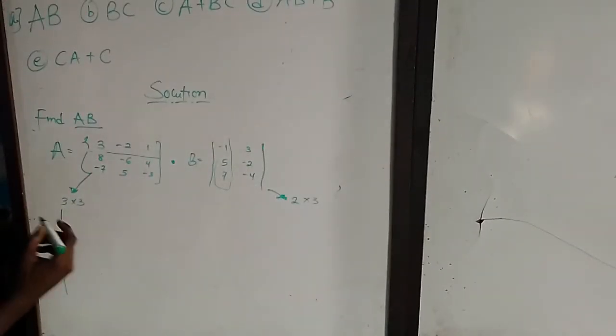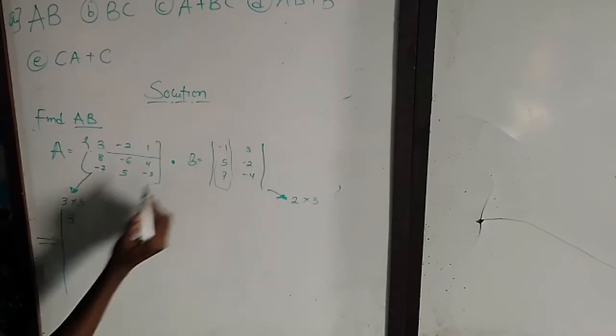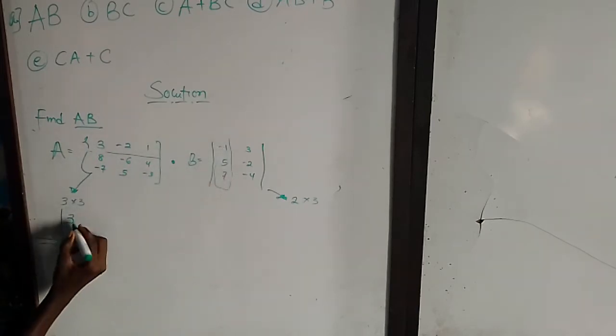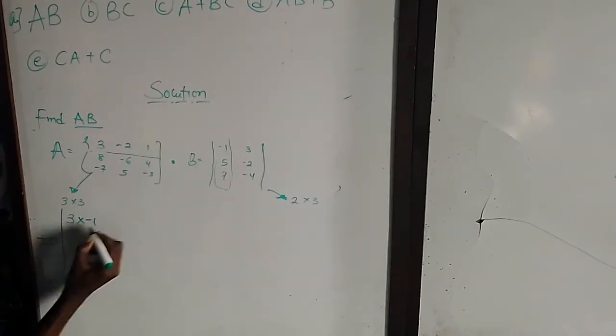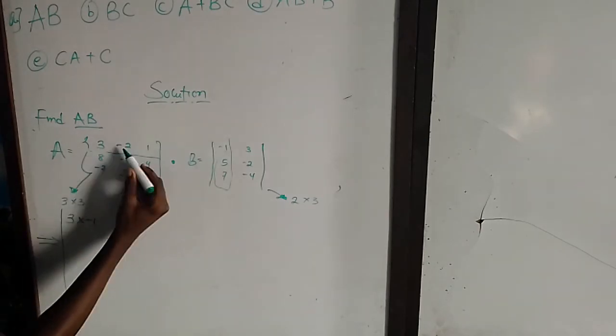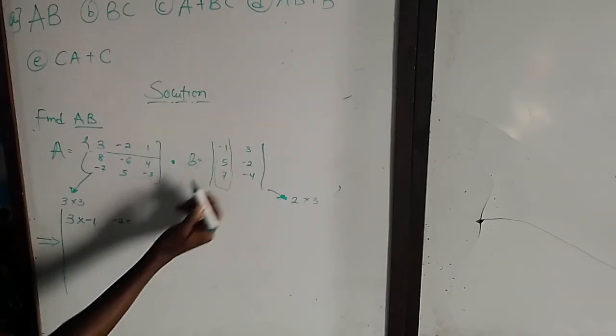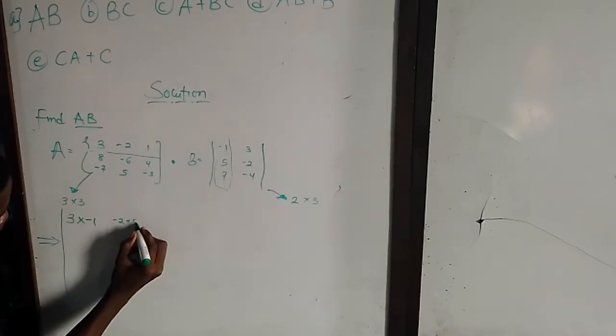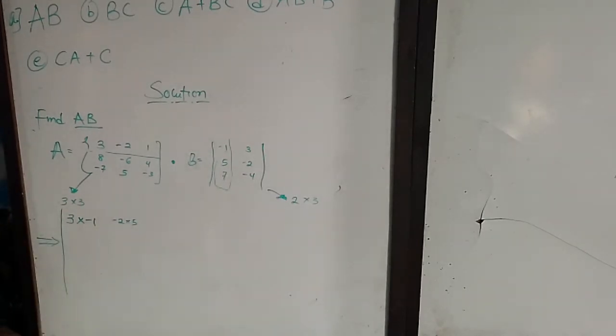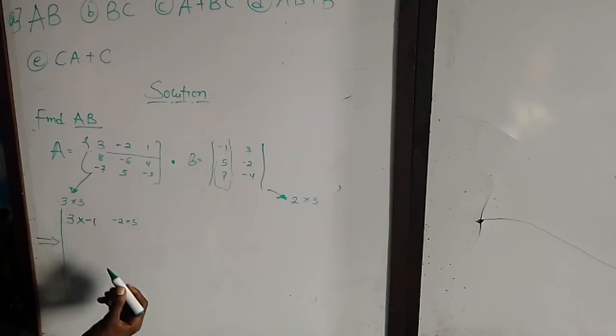Then we are going to have 3 times minus 1, then you take these 2 again, minus 2 times 5. Do you understand? Then we continue again.